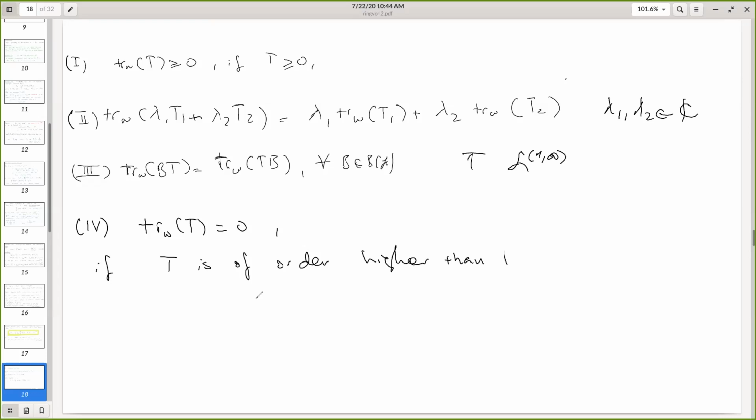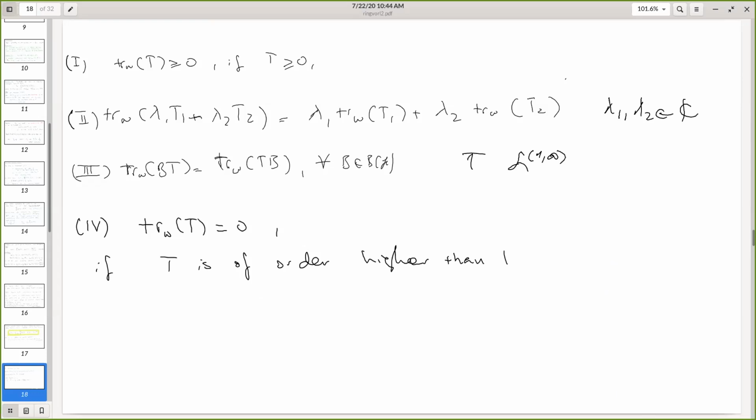So this trace is defined for compact operators, even though they are not necessarily trace class. In addition, if these infinitesimals have an order higher than 1, this trace vanishes.